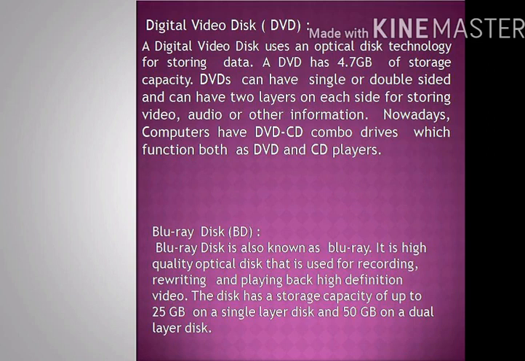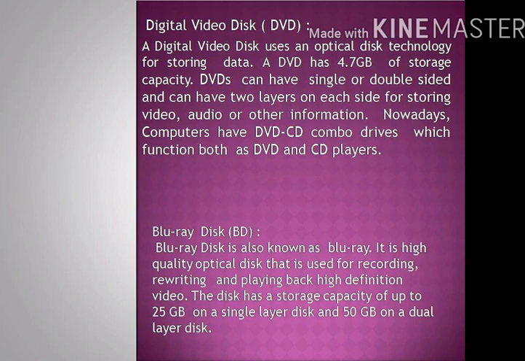The next is about Blu-ray disc, in short BD. Blu-ray disc is also known as Blu-ray. It is a high quality optical disc that is used for recording, rewriting, and playing back high definition video.